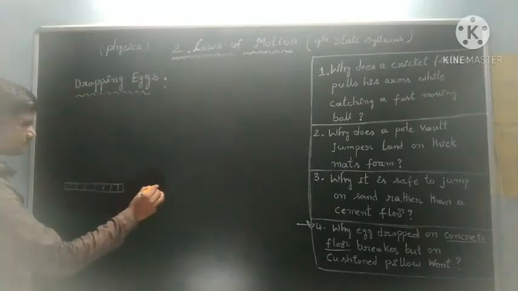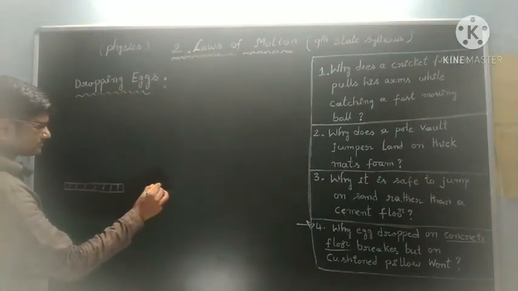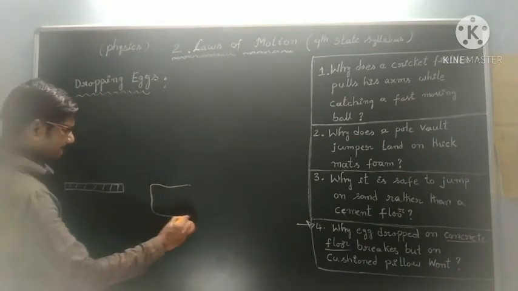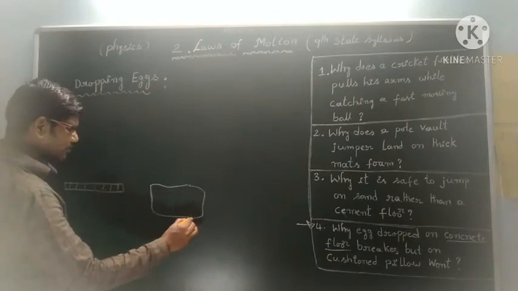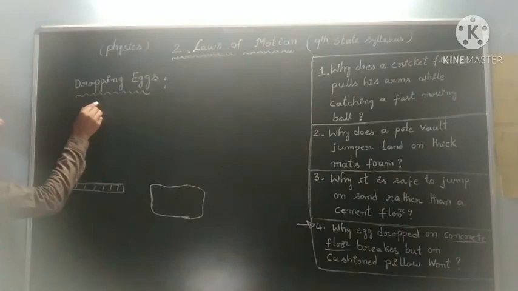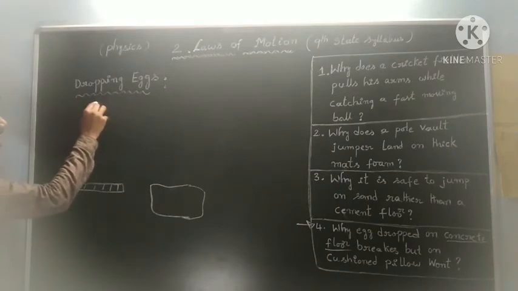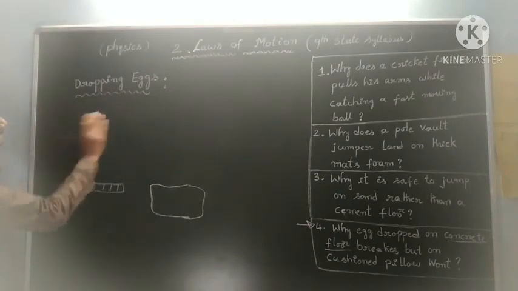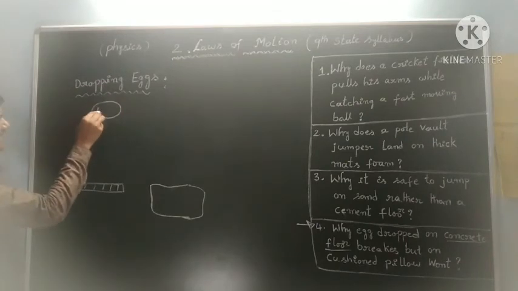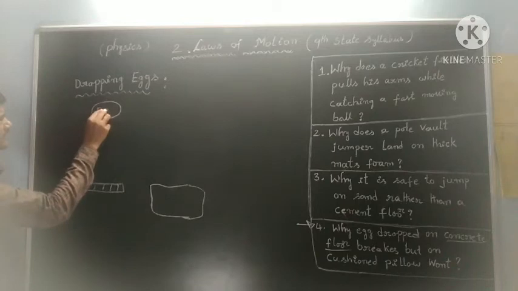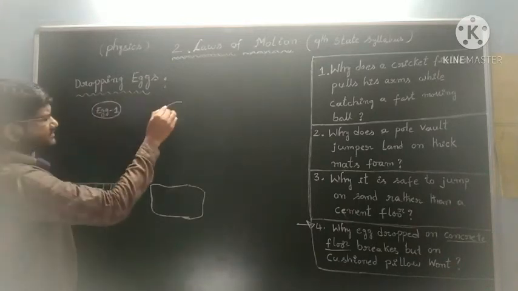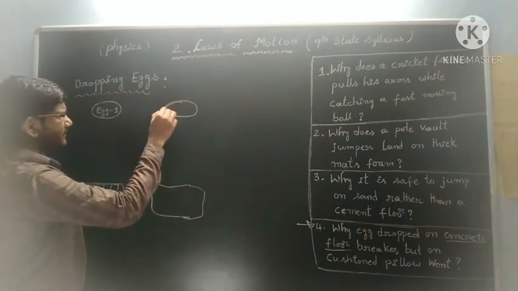And what do you know this is, children? This is a cushioned pillow. So this is a cushioned pillow. And see children, this is one egg, and this is another egg.